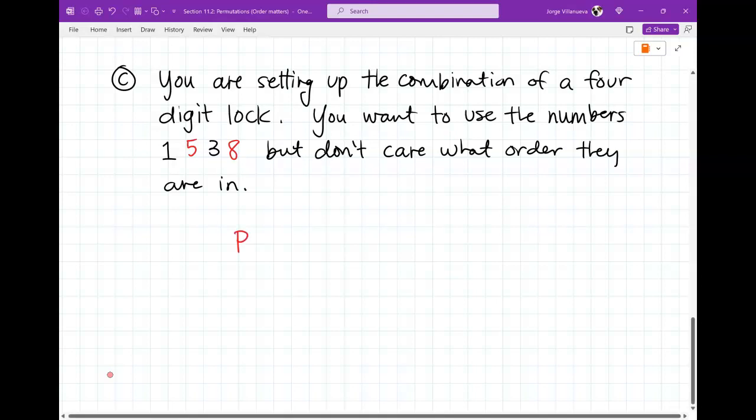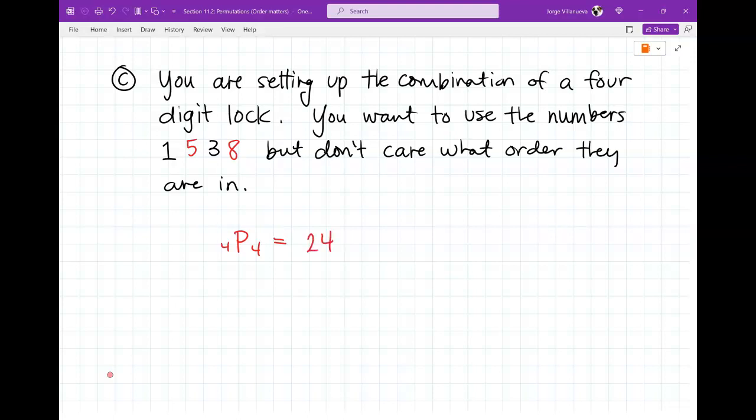How many numbers do I have to pick from? 4. And I got to fill in all 4 numbers, right? So I got to use all 4. Okay? So what's 4 permute 4? 4 pick 4. How much? 24? All right. So 24 different ways to write.